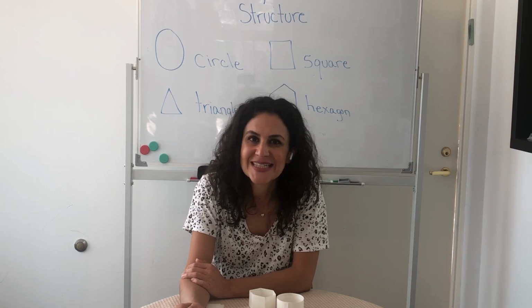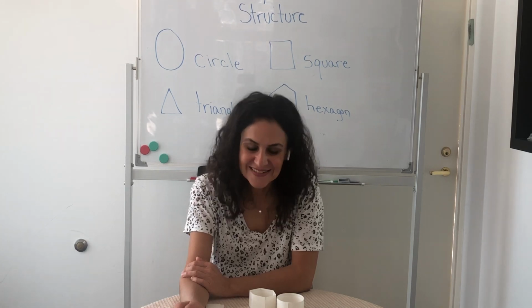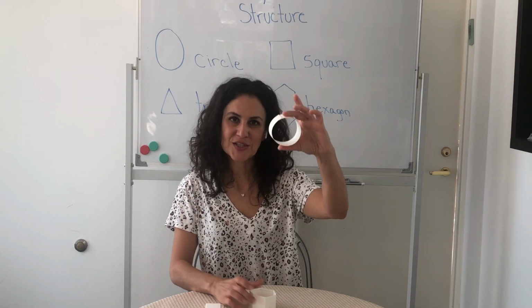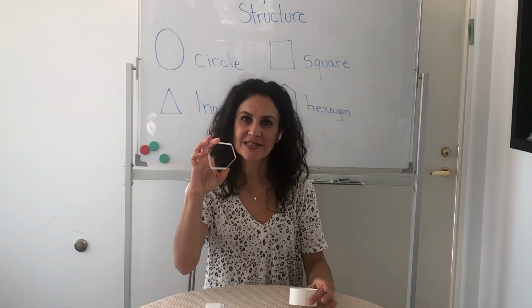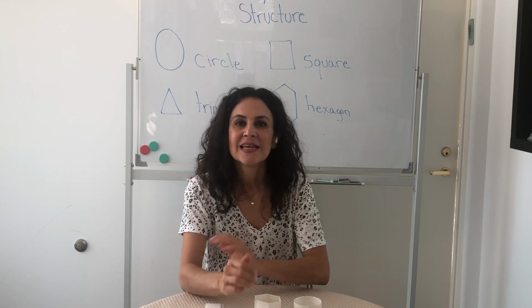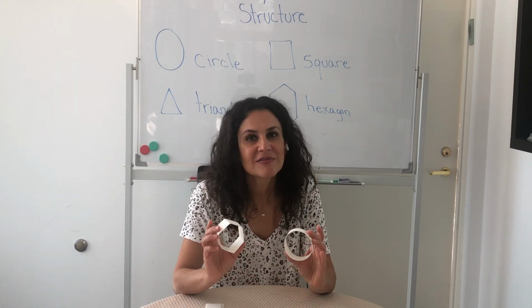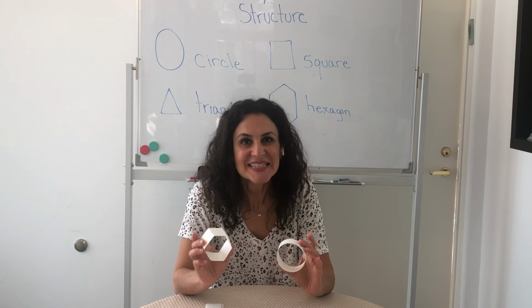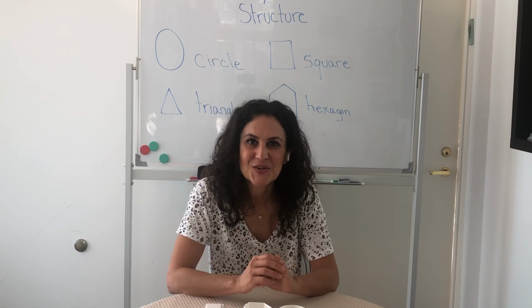What we're going to focus on today are circles and hexagons. We're going to use these cardboard sheets to make circles or hexagons and see which shape gives us the most number of circles or hexagons. Which one can we fit the most of? Let me show you how to do this.